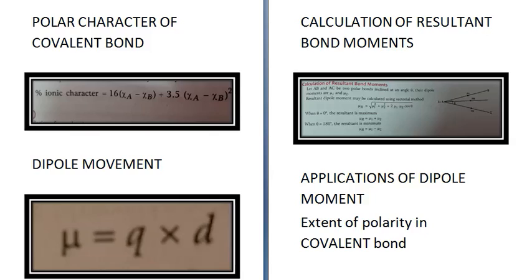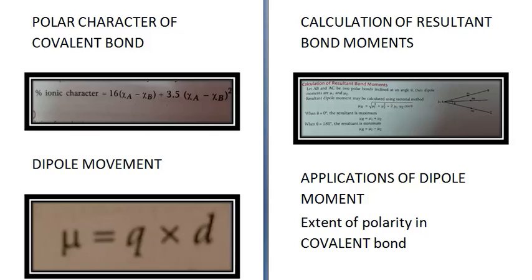A polar covalent bond is formed between two dissimilar atoms, in which one has high electronegativity and the other has low, for example HF, H2O, NH3. They are all polar molecules. The greater the electronegativity difference, the more polar is the bond.